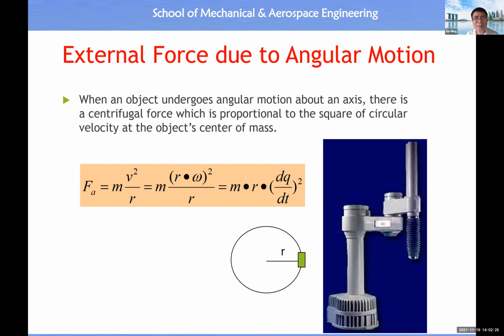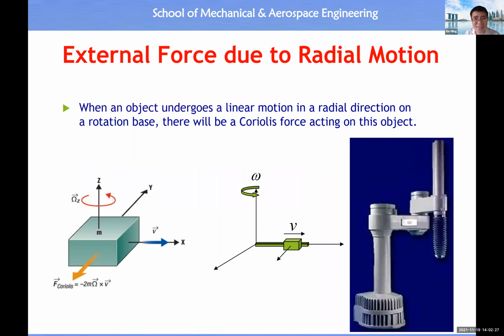And this is another external force induced by radial motion on the rotating platform. For example, this link undergoes rotation, and then another object moves linearly along this link. In this case, you will see another external force, which is called the Coriolis force. When this rotates, you have a centrifugal force in the radial direction, but the Coriolis force is perpendicular to v.